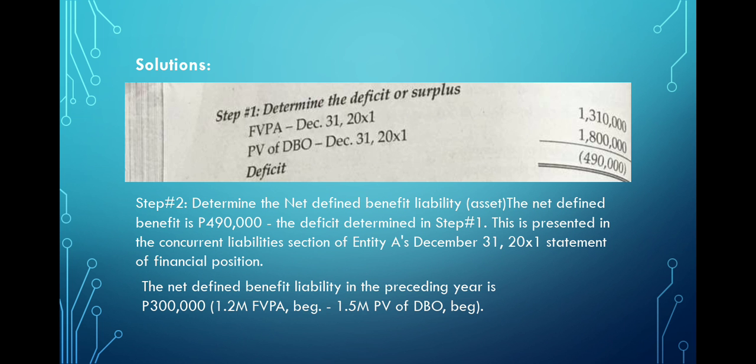It's a deficit since the FVPA is much smaller than the PV of DBO, both on December 31, 20X1, and it is equal to 490,000, and that is a negative, and that's why it's a deficit.